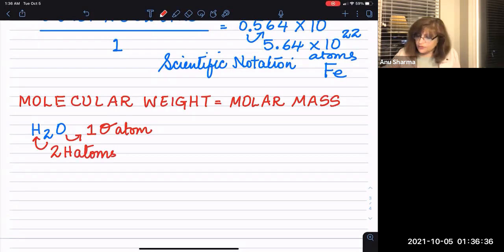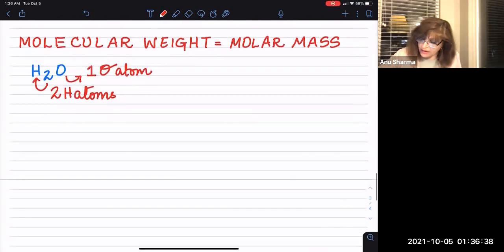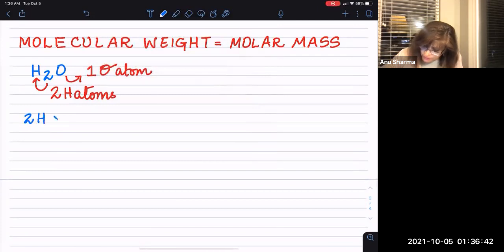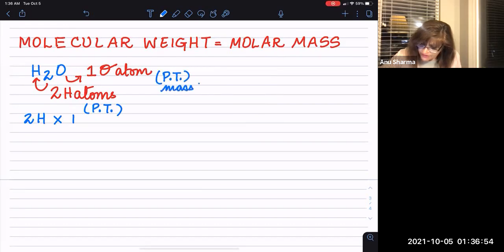All right, so let's look at the weight now. Here you have 2 hydrogen atoms, and the weight of a hydrogen atom is 1. You get this from the periodic table, the mass number, for all the individual atoms.